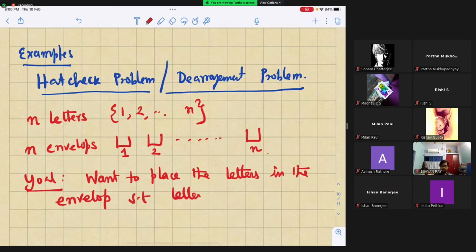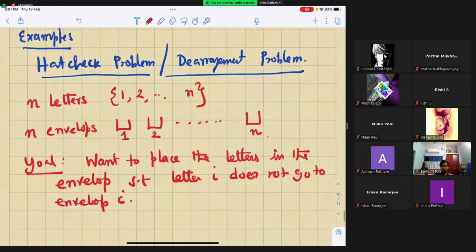letter i does not go to envelope i. So if everybody is displaced, that means you want to count the number of ways you can arrange n letters in n envelopes marked 1 to n, such that for no i does the ith letter go to the ith envelope.